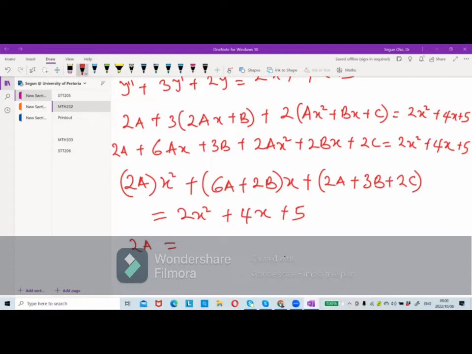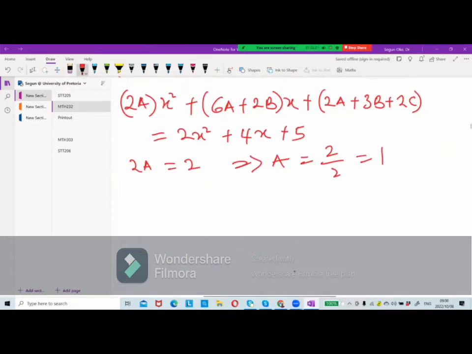So it's equal to 2. So what is a? a is equals to 1. Because it would have been, let me write it again, because somebody will still ask how: 2 divided by 2, which is equals to 1.